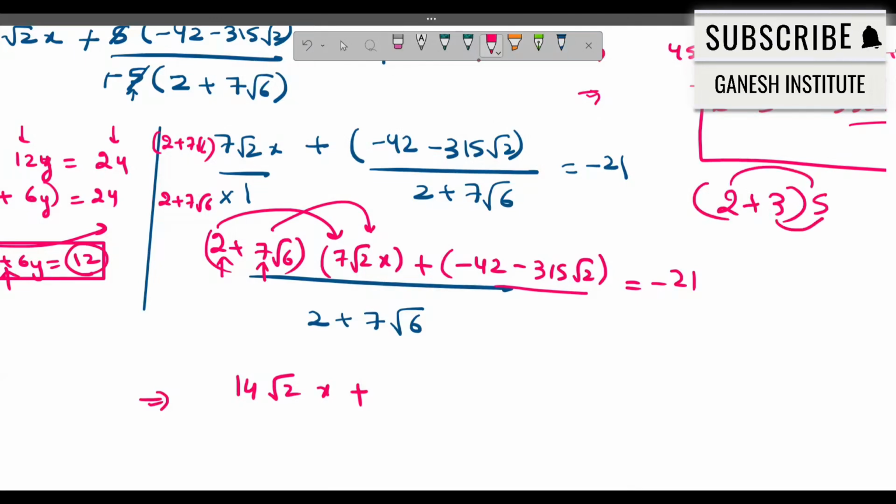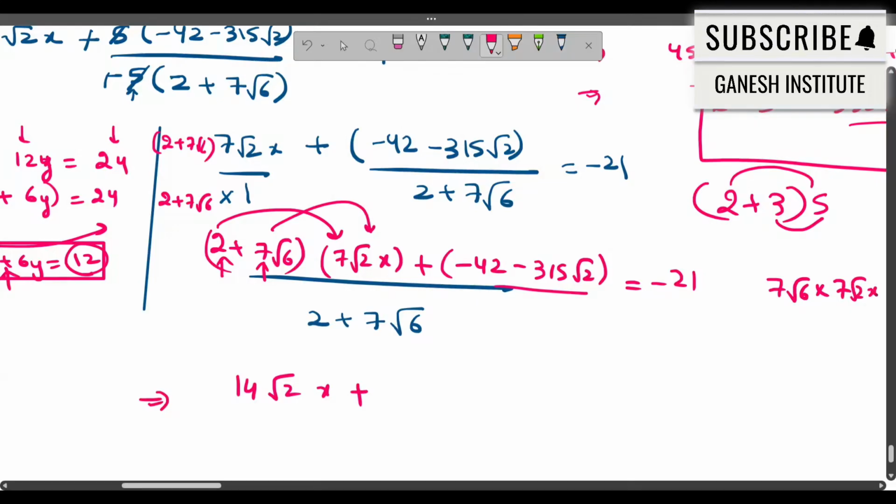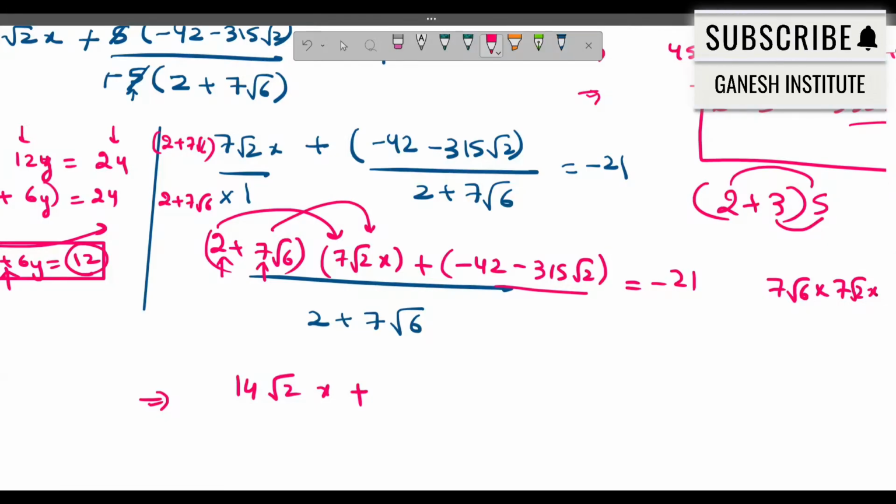So I'm done with 2 into 7 root 2x. Now 7 root 6 and 7 root 2x, right? So what will it become? From here, 7 times 7 would be 49 root 12.